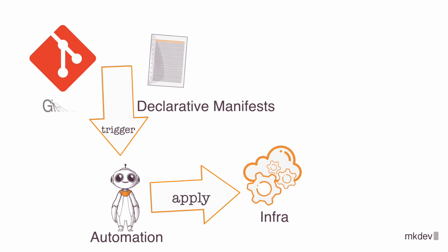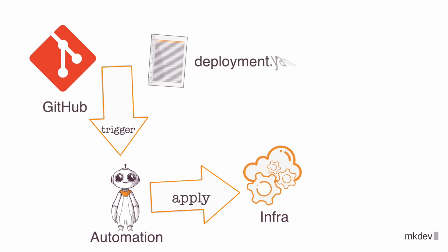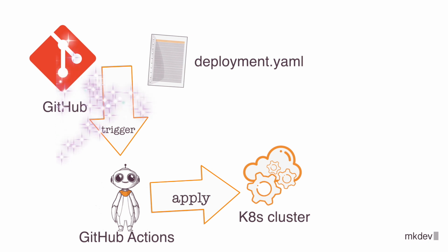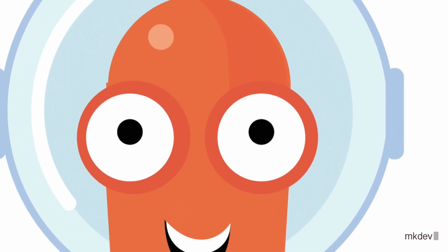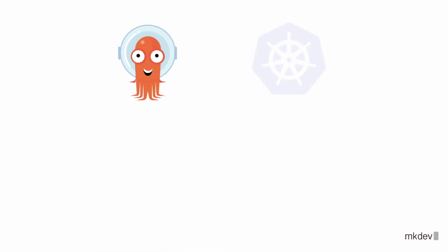For example, we could store plain YAML definitions of Kubernetes deployments in a GitHub repository and then configure GitHub Actions to run kubectl apply on those definitions whenever we change them. Or we could use a tool that was purpose-built for such and other GitOps workloads, like Argo CD. Argo CD is purpose-built for Kubernetes.